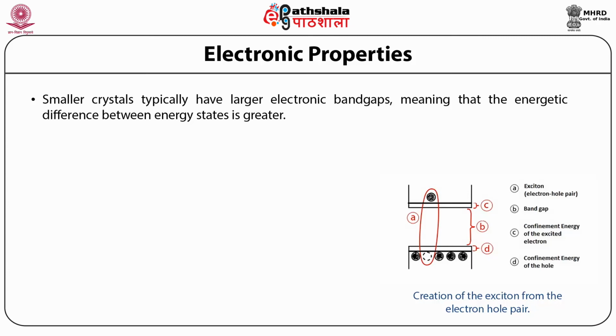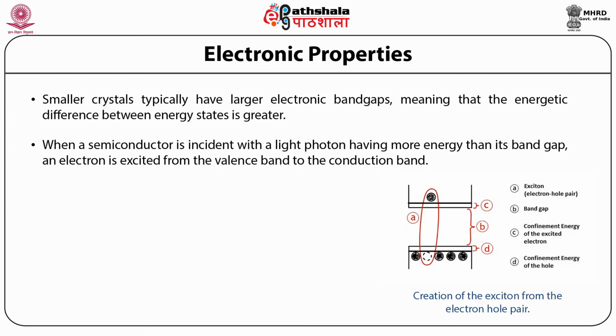In these cases, larger energy is required to promote the electron to the excited state, and also more energy is emitted when electrons return to their original energy levels. When a semiconductor is incident with a light photon having more energy than its band gap, then an electron is excited from the valence band to the conduction band, which is shown in this figure.